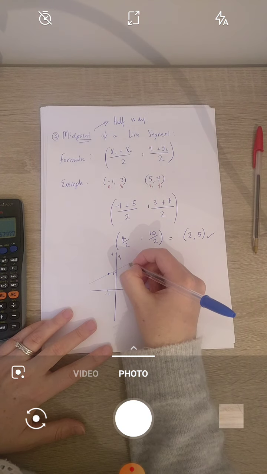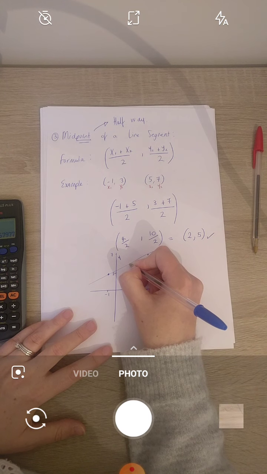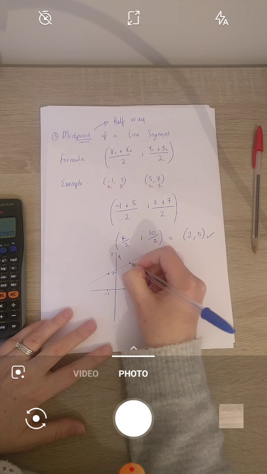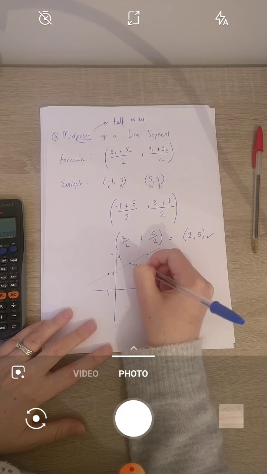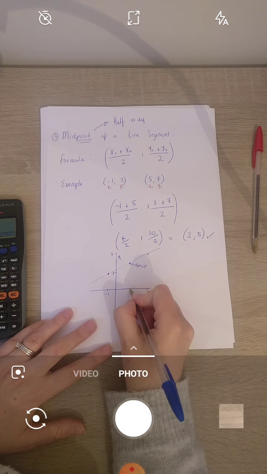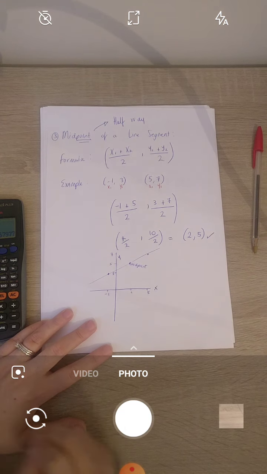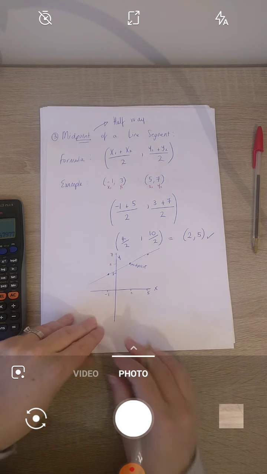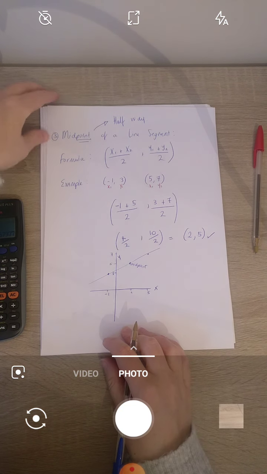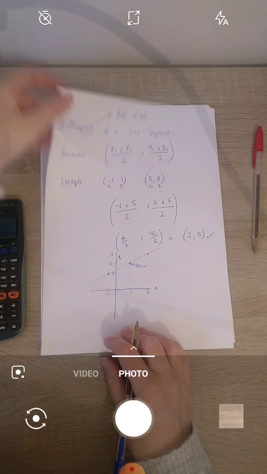And it means that we're looking for the halfway point, which would be here somewhere. And it does look like it would be around 2, 5. Okay, so just think about, when you're doing that, does my answer make sense in relation to the question?